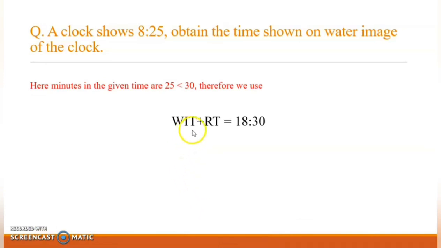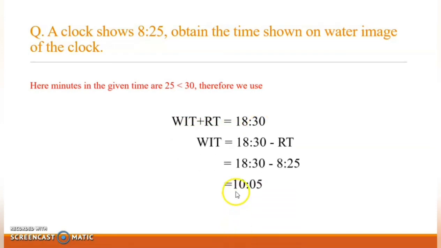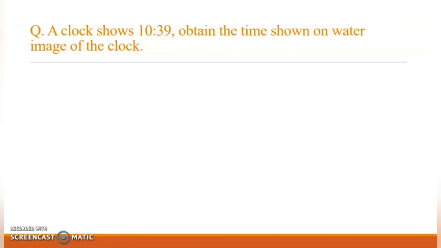Water image time plus real time is equal to 18 hours and 30 minutes. On substitution and simplification, we get 5 minutes past 10. That is the time that will be shown by the water image of the clock that shows this time. Similarly, we have one more example here.